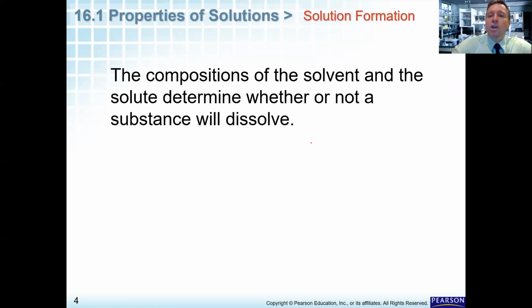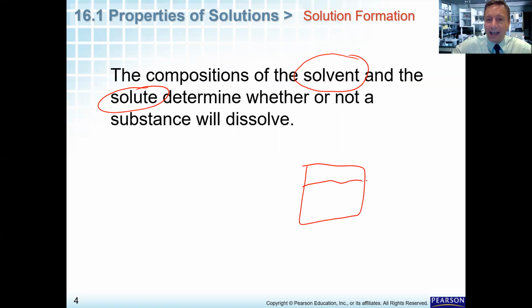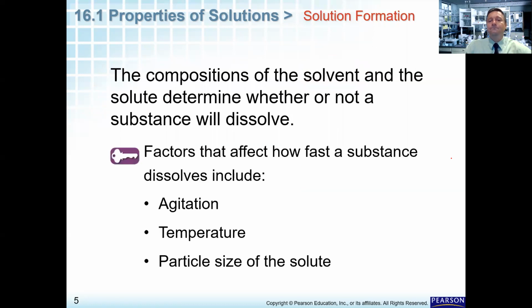So remember, the solvent is doing the dissolving and the solute is what's being added. So if you had a cup, whatever liquid was in here, that's your solvent. And whatever you are going to add in, that is the solute. And please keep that in mind.